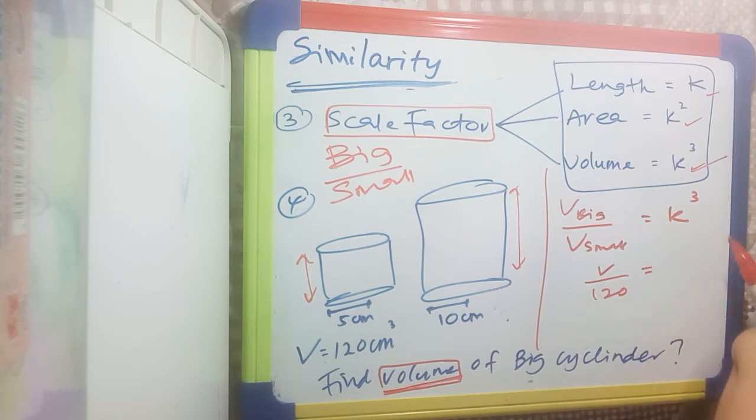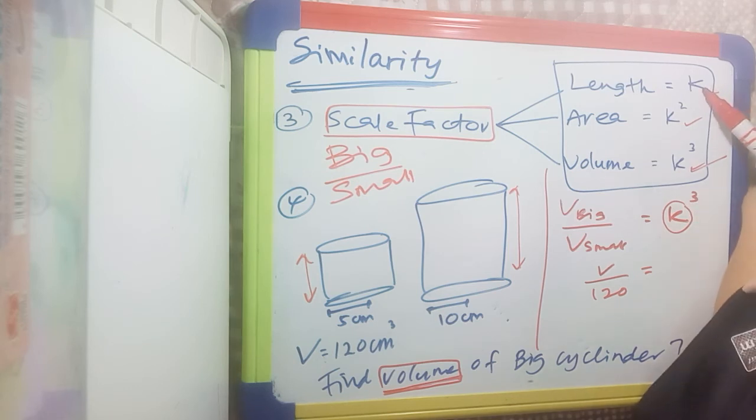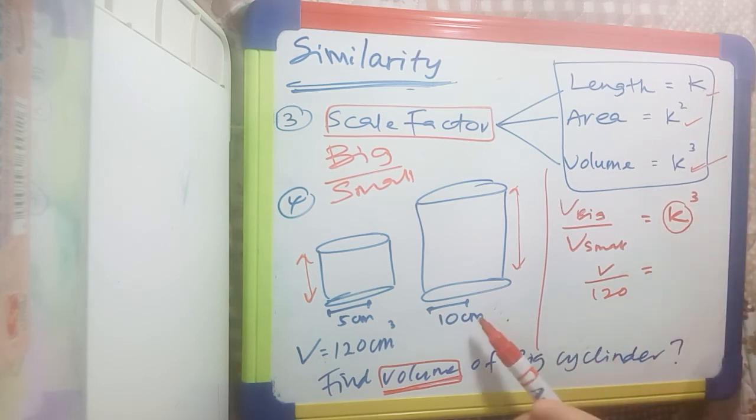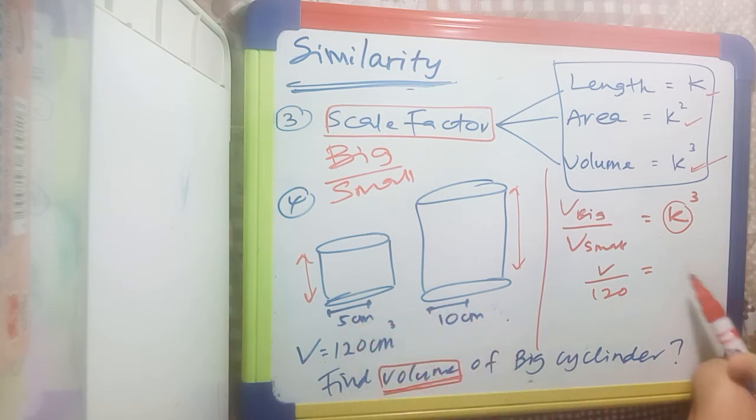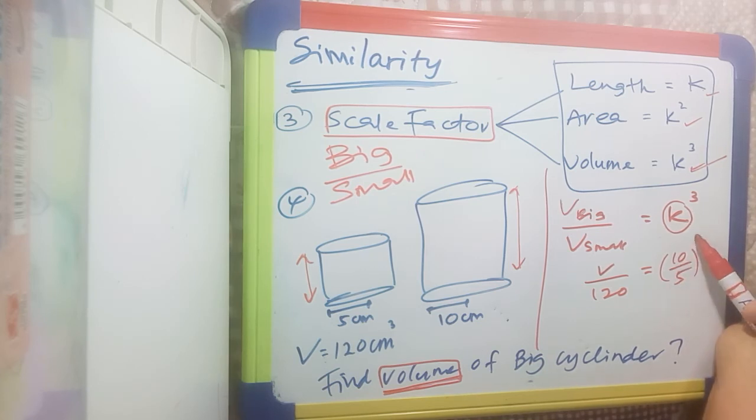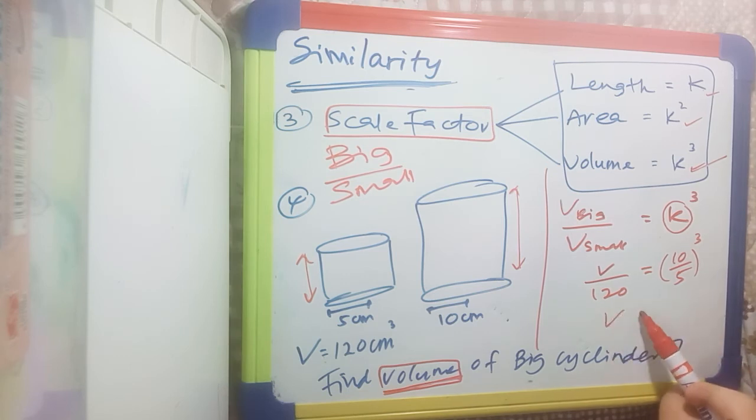So equal to K. Now the problem here is K power 3. First, let's find out what is K. K is the radius over here, 10 divided by 5. Don't forget the power 3. So 10 divided by 5, then power 3.